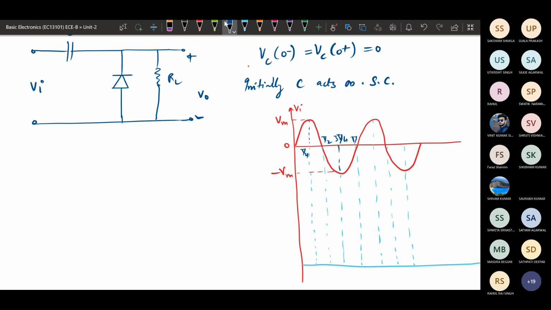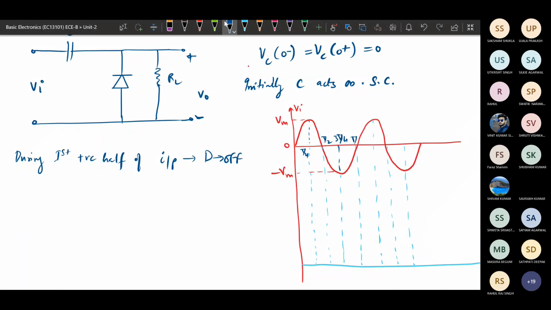So for the circuit in the case when we are considering the positive half, we can write: during the first positive half of input, the capacitor is short circuited and the positive voltage is applied here and this is our negative voltage. So this diode will be working in reverse bias. So your diode will be off in the case of the first positive half.